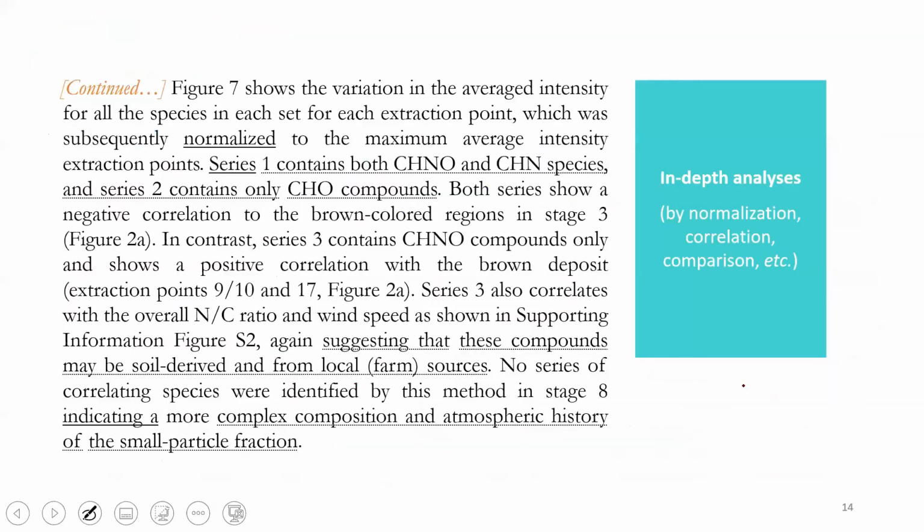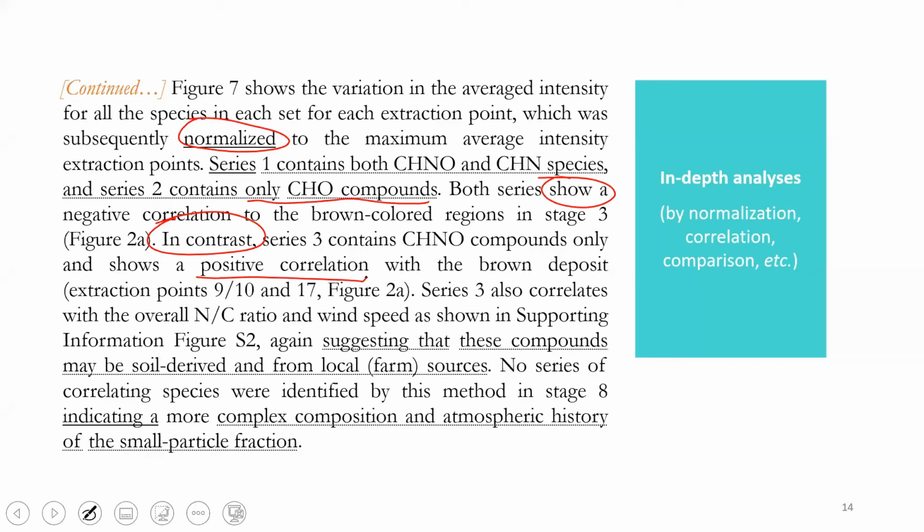It's a similar practice with normalization. You see, even normalized against something, it indicates that's the result. The results only show compounds. Also the series show something. In contrast, you get something else. And there's also a positive correlation.